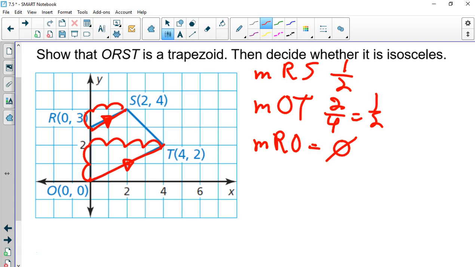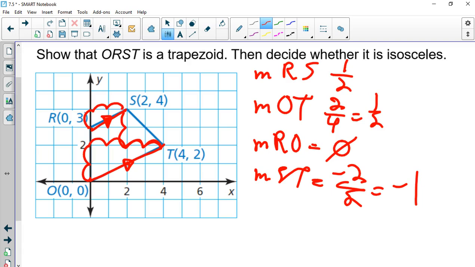And the slope of ST is down 2, right 2, which is -1. So 2 of the sides are parallel and the other 2 are not. That proves it's a trapezoid.